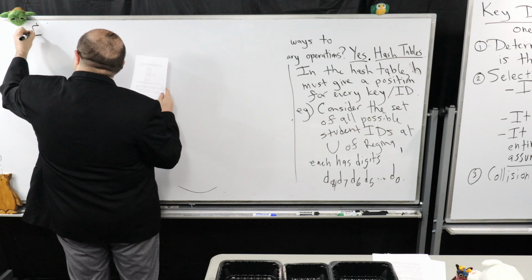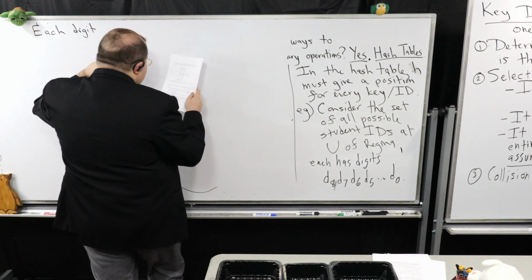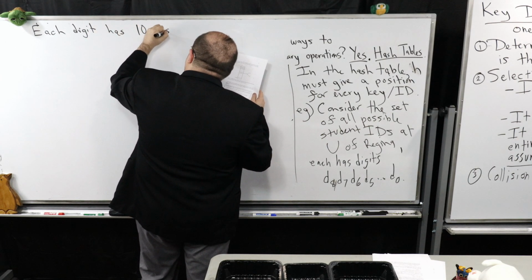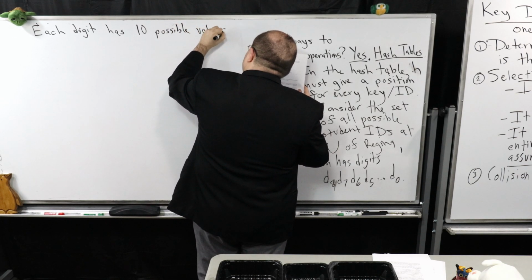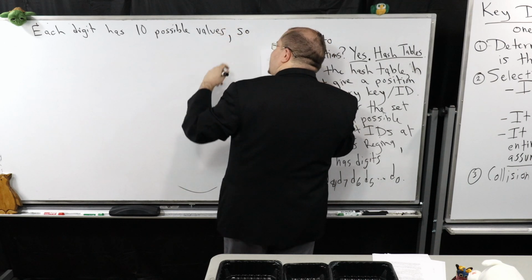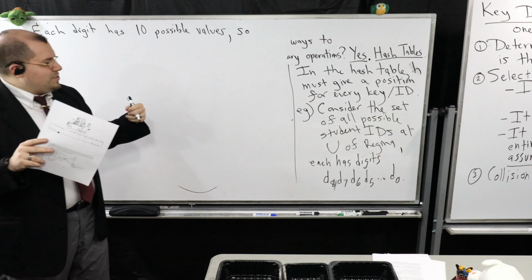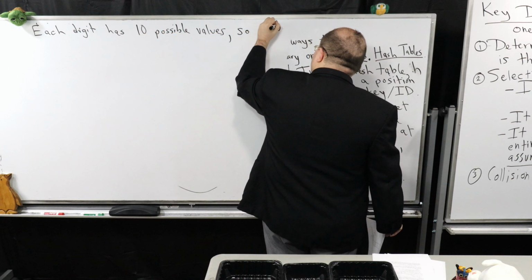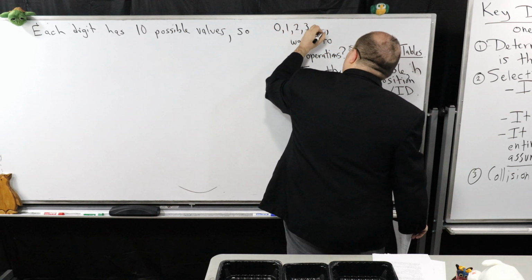So keep in mind that each digit has 10 possible values, right? If you think about it from a counting standpoint, I have digits, I can put 0, 1, 2, 3, 4, all the way up to 9.